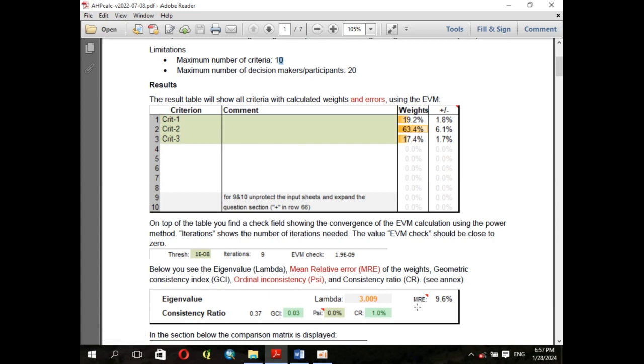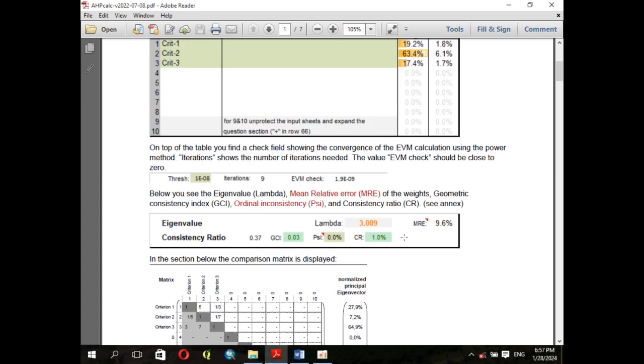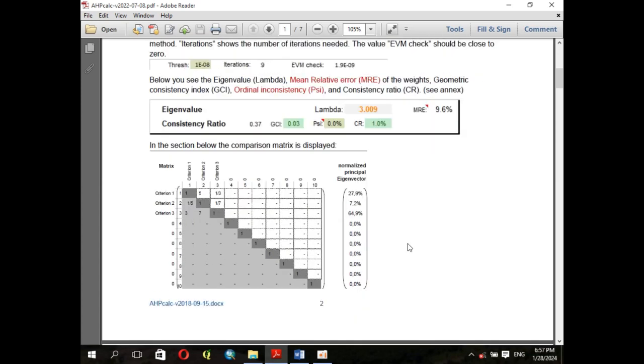Those are actually the statistical parameters that help us to detect our judgment. Okay, whether our judgment is right or not. And there are some normalized principal eigenvectors.